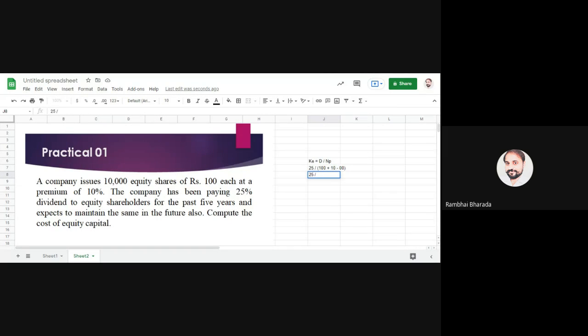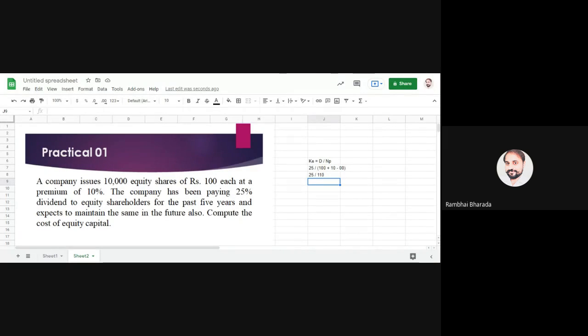25 divided by 100 plus 10 minus 0, that is 110. Do the division, you will get the answer. That's all. 25 divided by 110.